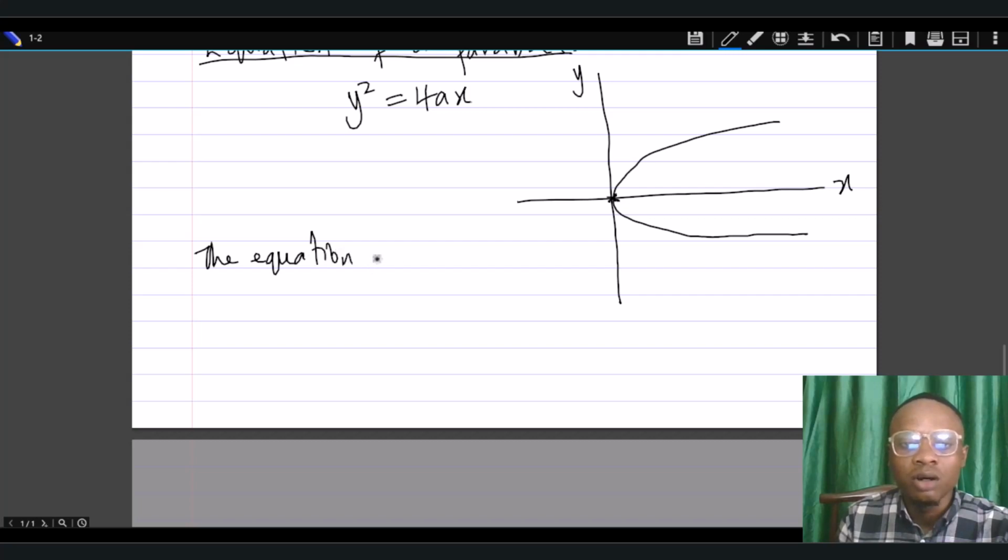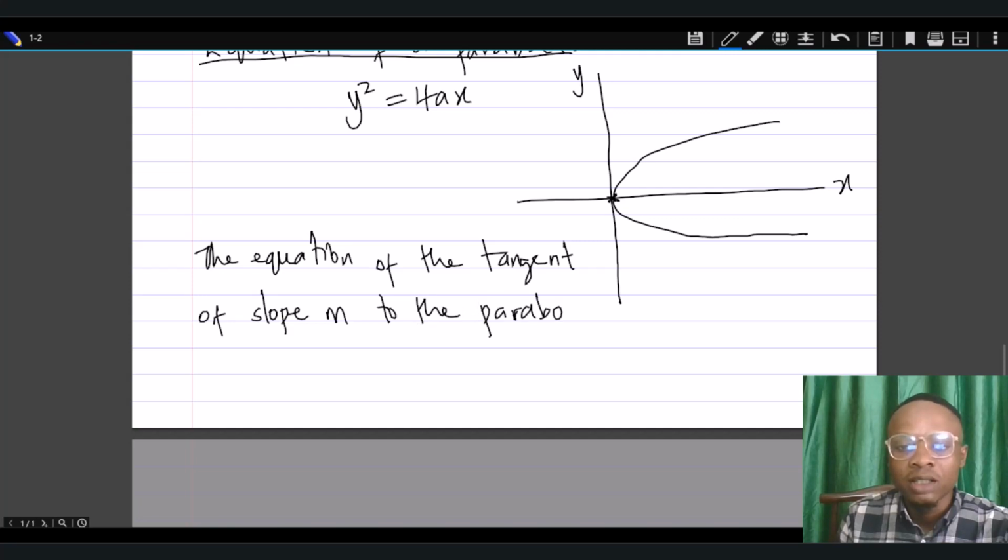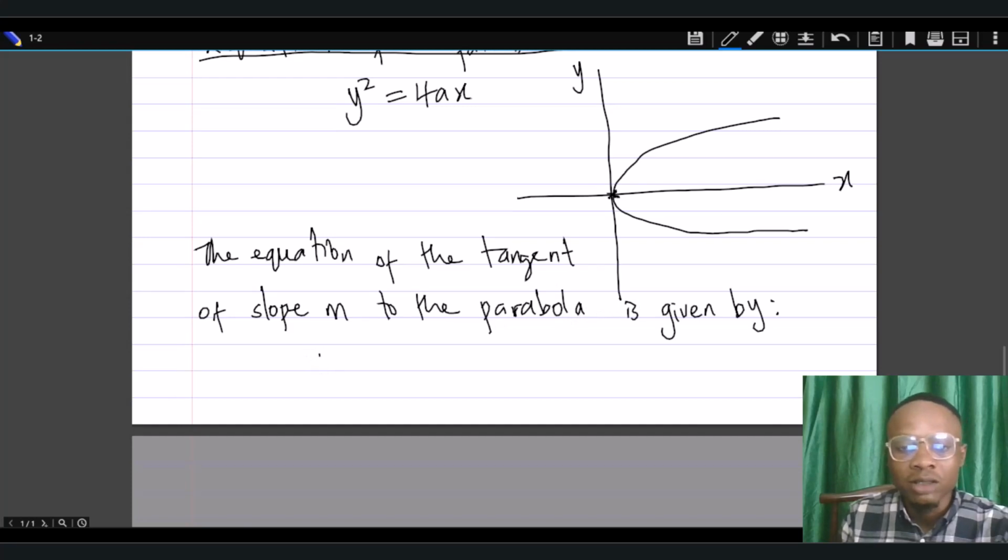The equation of a tangent of slope m to the parabola, that is the parabola defined by the equation up here, is given by y equals mx plus a over m. So this is also in terms of the slope.